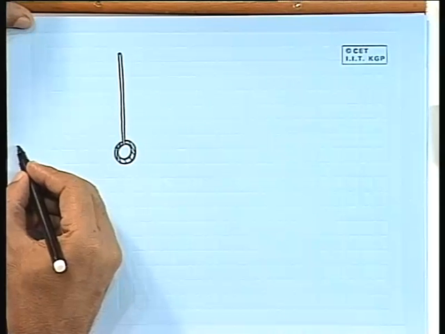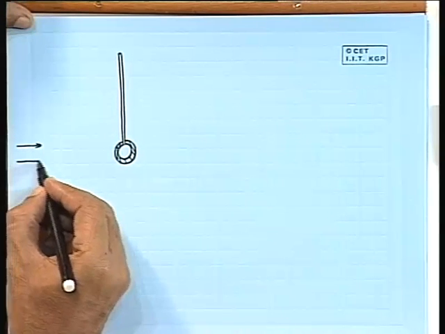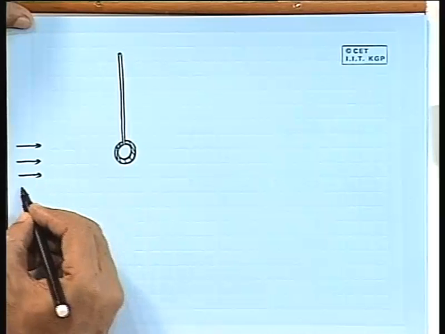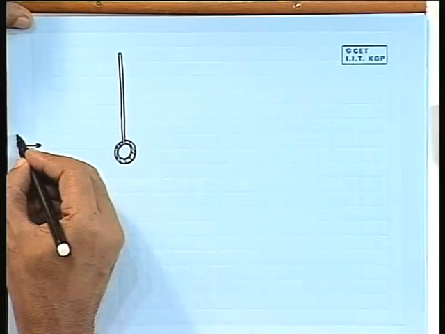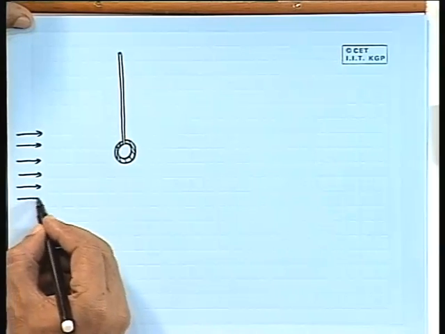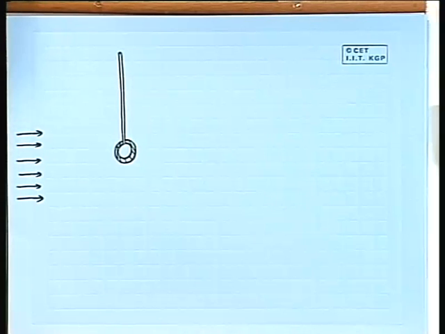Across this wet bulb, we have a flow of air with sufficiently large velocity.